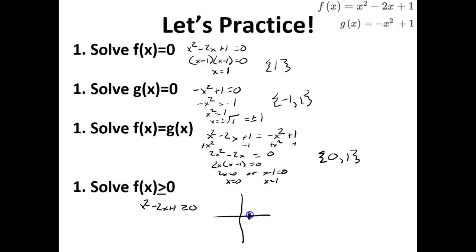But that's the only point where it's equal to 0, which must mean if this is the only point where it touches the x-axis, this must be a vertex, and it's pointing up. So it's pointing up like that, the parabola. It only touches the x-axis once, so it must be a vertex, which means that this is bigger than or equal to 0 everywhere.